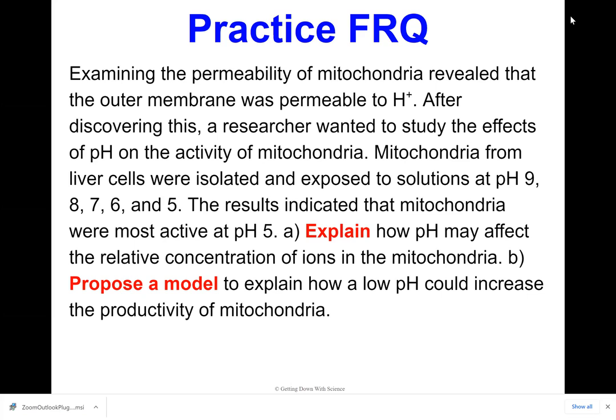Mitochondria from liver cells were isolated and exposed to solutions at pH 9, 8, 7, 6, and 5. The results indicated that mitochondria were most active at pH 5. Explain how pH may affect the relative concentration of ions in the mitochondria, and propose a model to explain how a low pH could increase the productivity of mitochondria.